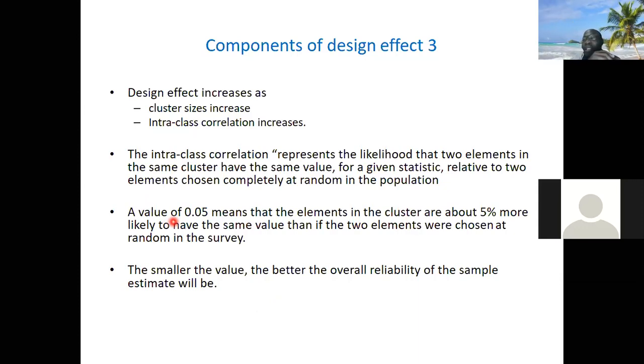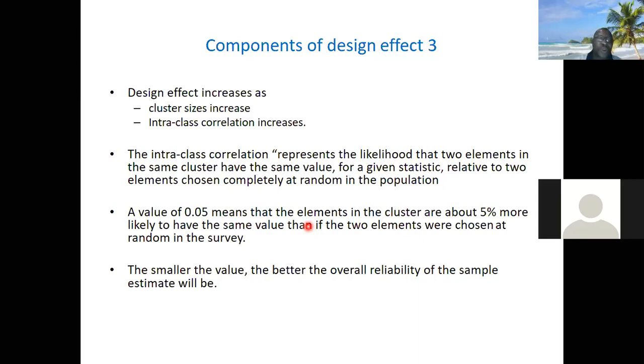What this just means is correlation. When you say intra-class correlation, it is correlation, but the way it is measured is the correlation within divided by the correlation outside. That is, you try to know how close or related the values you get from different people in that cluster are, compared with what you would have gotten if you sampled people outside this cluster. For example, correlation is between 0 and 1. 1 means 100%.